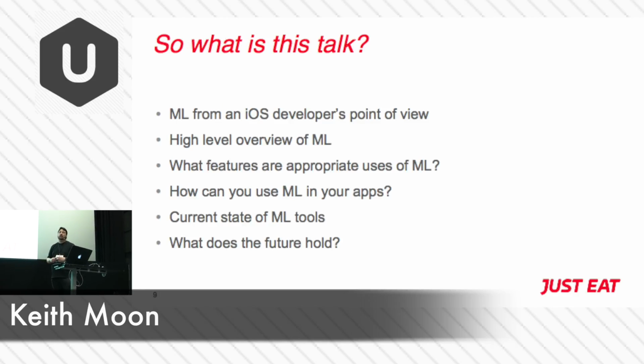That's using machine learning. Sentiment analysis, pulling out meaning from text. So analyzing tweets and deciding, is this a positive tweet about a company or is it a negative tweet about a company? Image style transfer, which is quite an interesting thing recently, where you take two photos and take the style of one and apply it to the other.